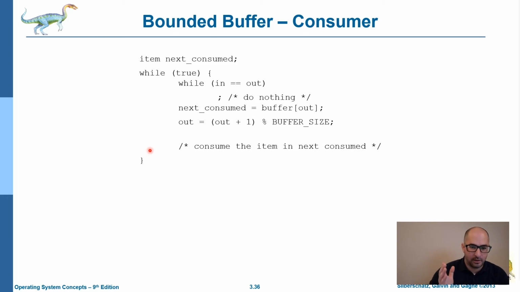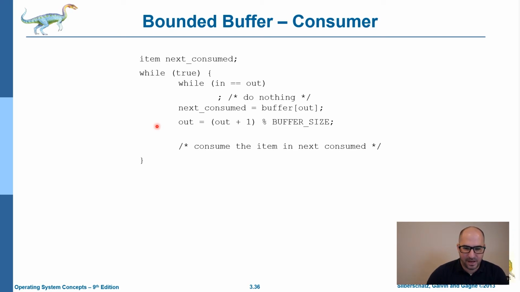Sorry, in is the end of our buffer, and out is catching up to it. If we were to keep adding items, we might add 3 at a time, and when we came into this loop, in would be 3, out would be 0, and out would need to catch up by continually consuming.